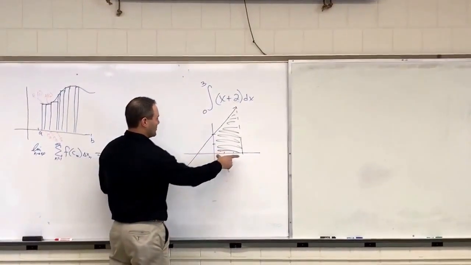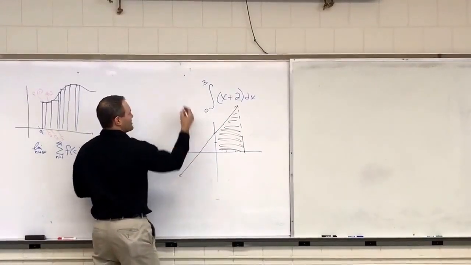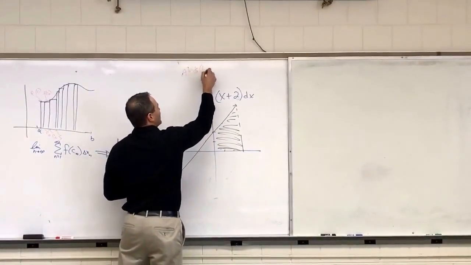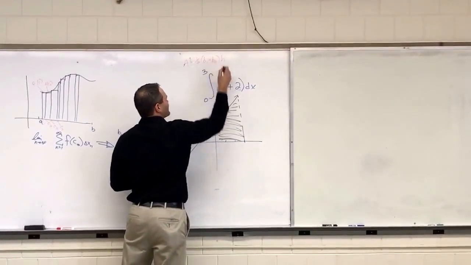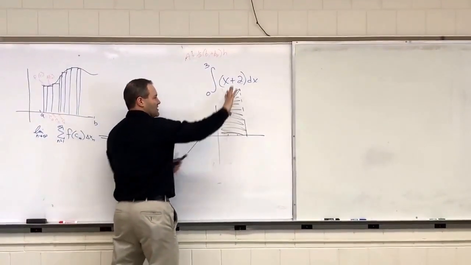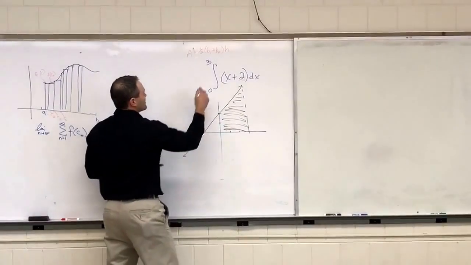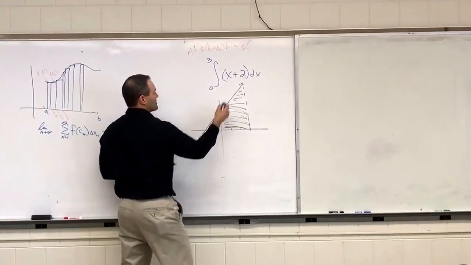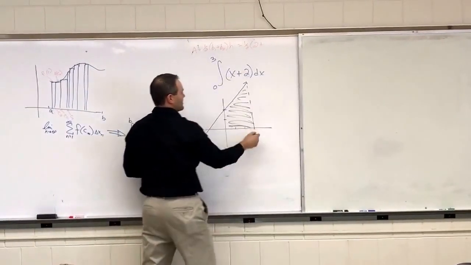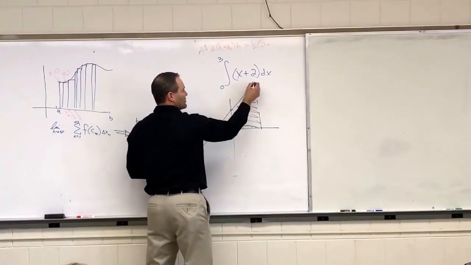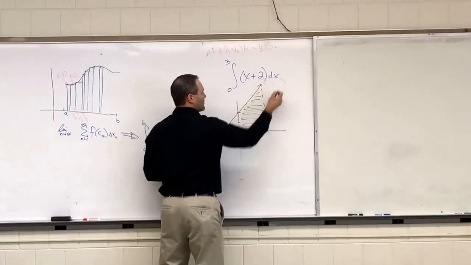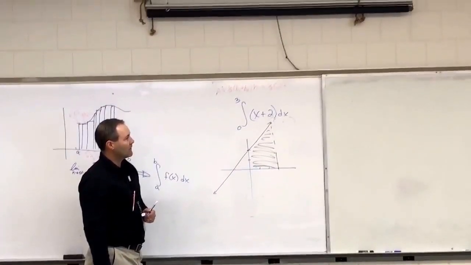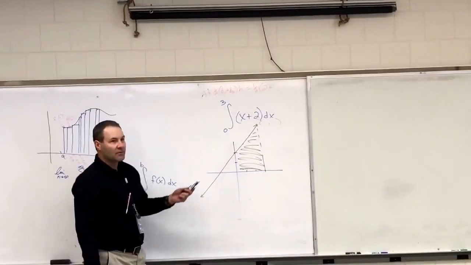Okay, so the area of a trapezoid is 1/2 base 1 plus base 2 times the height. This is a base, that's a base, so it's 1/2. First base is 2 plus this height. What is this ordered pair right there? 3, 5, right?